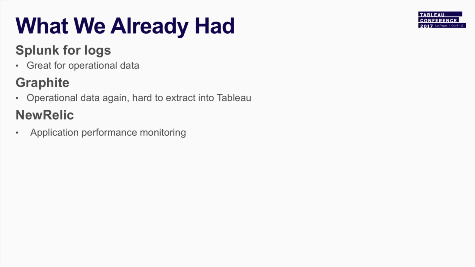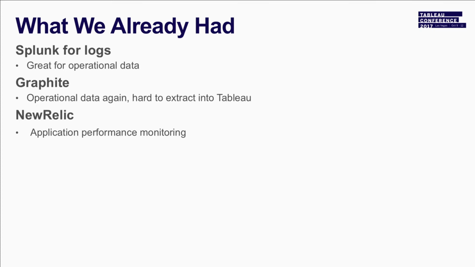Okay, so another question to ask is, what tools do you already have in place? Well, we had 3 tools that we used for operating the product. We have Splunk, Graphite, and New Relic. Splunk is a tool that aggregates logs across a large number of servers. It tells us a lot about how the servers are functioning. Graphite collects telemetry data about performance of specific servers and processes.